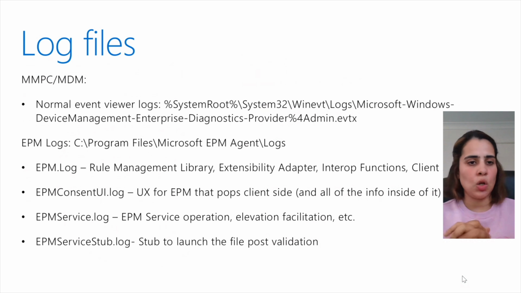All those logs would show up in that particular log file. So that's the most important place for any EPM related troubleshooting. I think that is it. That was me around endpoint privilege management. Any questions or anything, Sushant, that you might have, happy to answer that.